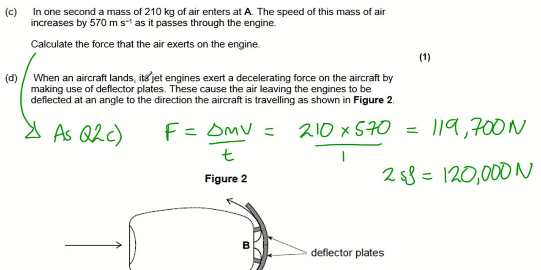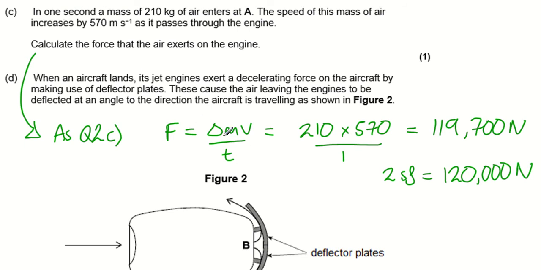Right. Calculate the force that the engine exerts on the aircraft. Oh, go on. Calculate the force that the air exerts on the engine. Yep. Okay. Attached to the aircraft. Again, same thing. An amount of mass, and the velocity of the air increases by 570 meters per second as it passes through the engine. And here again, 1 second.